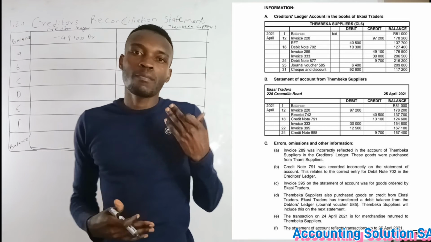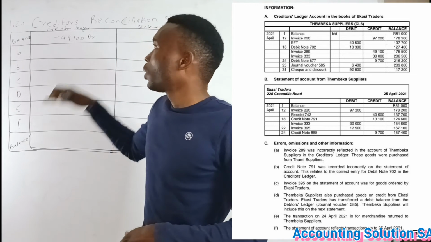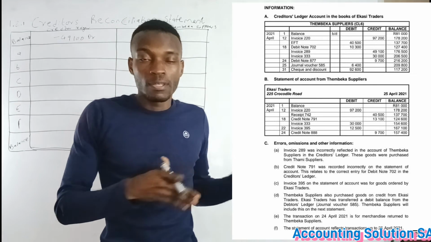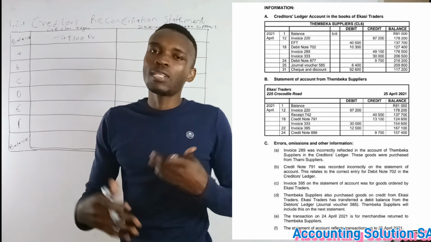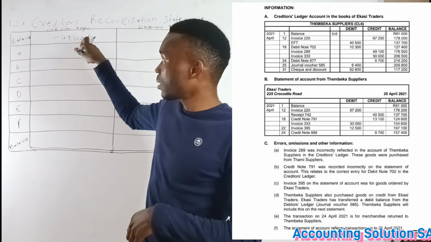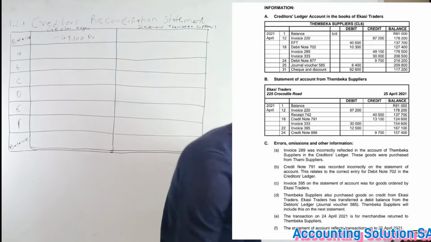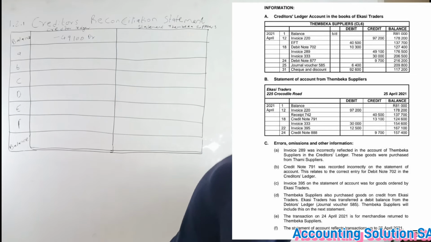In part 2, I'm going to do a creditors ledger account where we show debit and credit. However, the principle is still the same: you have to debit. Okay, now let's go to transaction number 2.